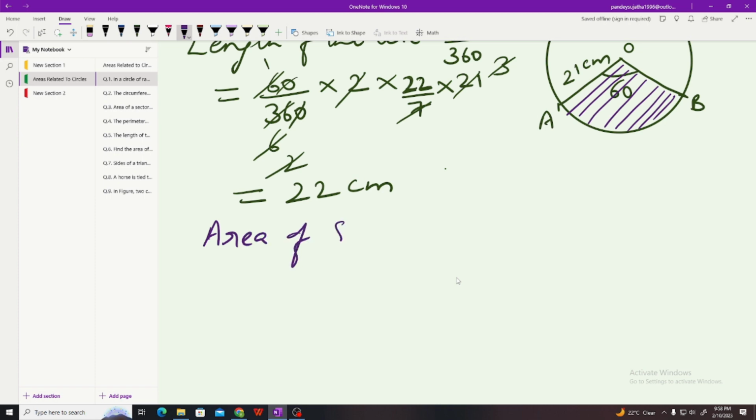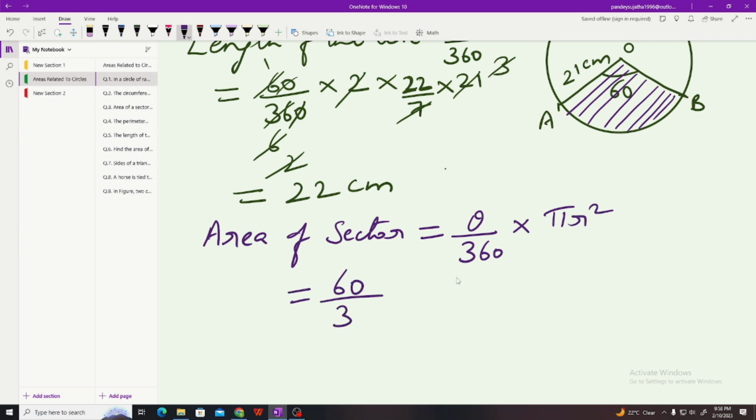Area of sector is equal to theta upon 360 into pi r square, where theta is 60 upon 360 into the value of pi is 22 upon 7 and the radius is given, that is 21 square.